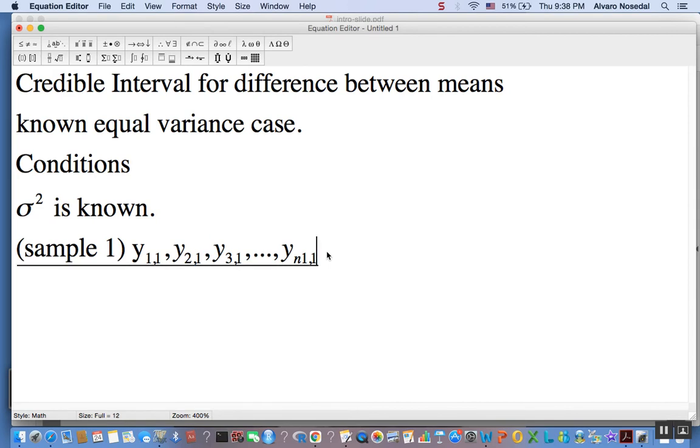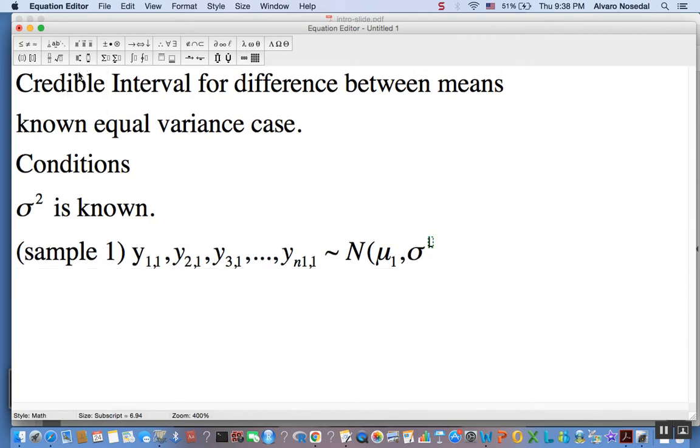Okay, so in those guys we are assuming that we have a normal likelihood, and these guys have a normal with mean mu1 and known variance sigma squared. Okay, so now if we want to say something about that parameter mu1, if we want to analyze that parameter from a Bayesian perspective, we need not just a likelihood like we have here.